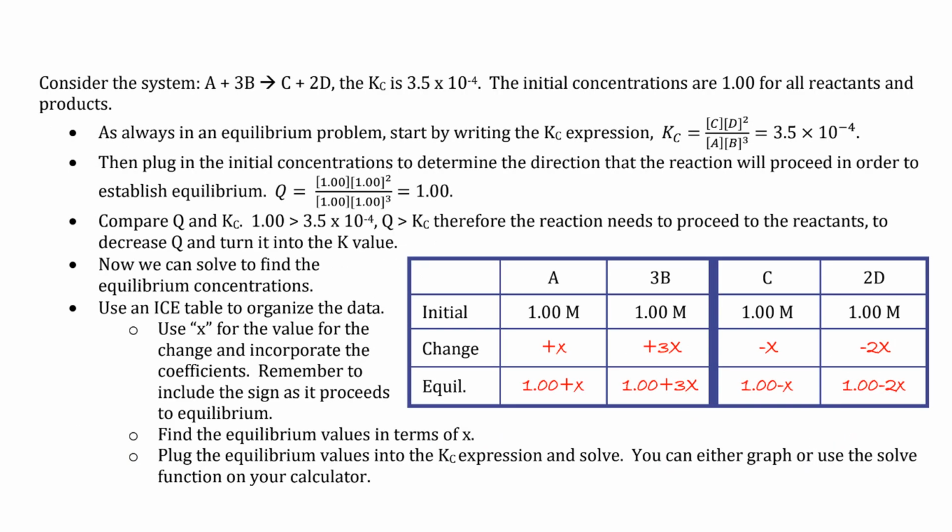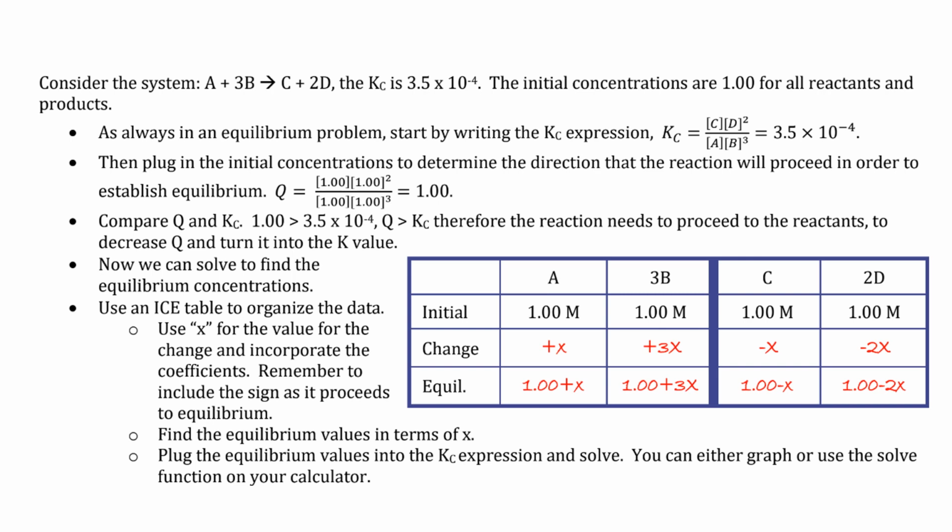So we're looking at this system: A plus 3B produces C plus 2D. There is your Kc, 3.5 times 10 to the negative 4. Initial concentration is 1 for all reactants and products.